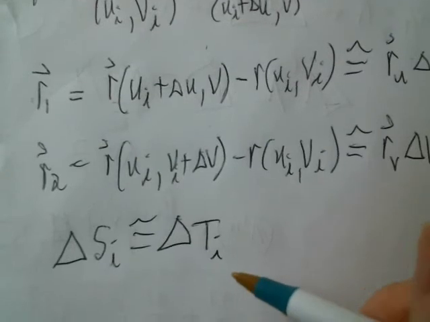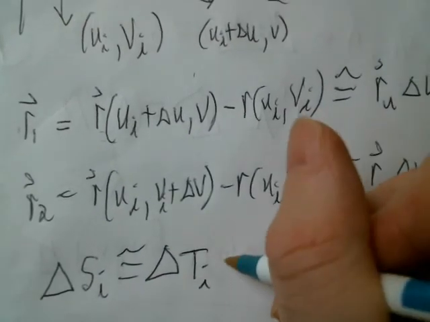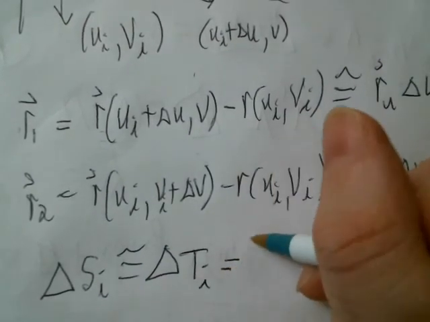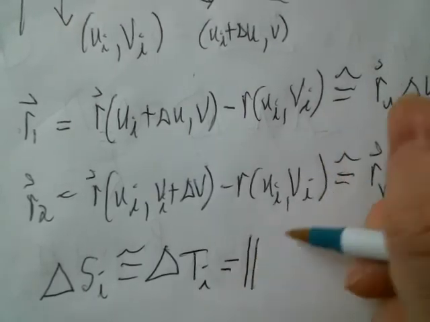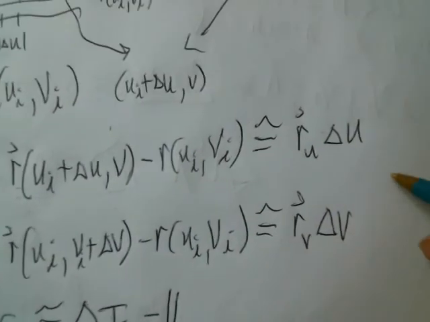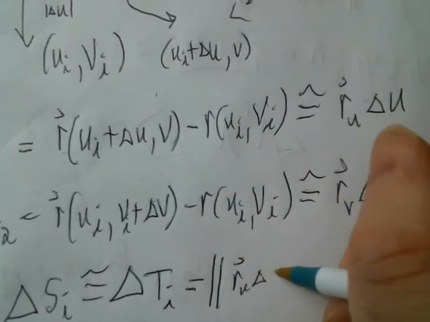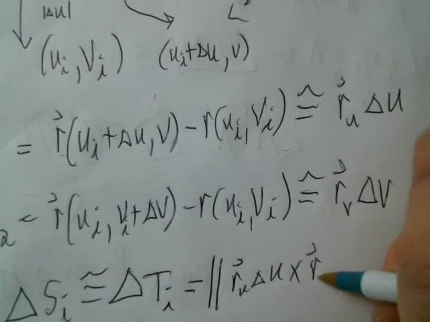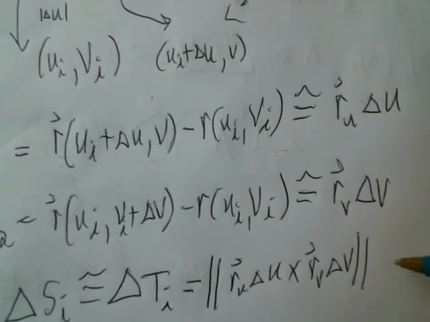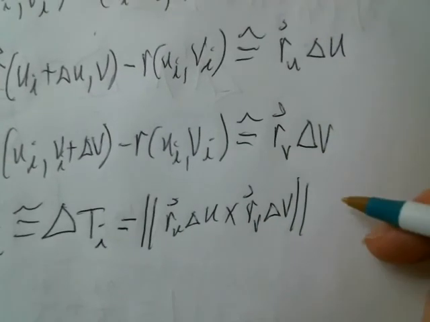So you have to state, all right, this is an approximation, and so what are the change in t sub i's then? That's just going to be the cross product of these two things. So r sub u change in u crossed with r sub v change in v, and at the end of the day, what does that equal?